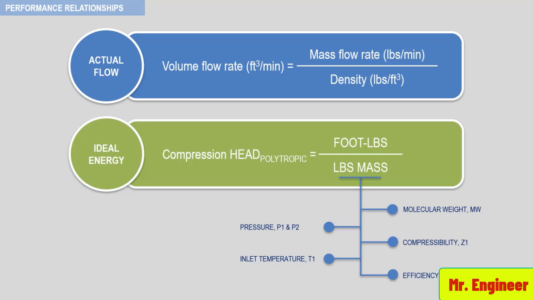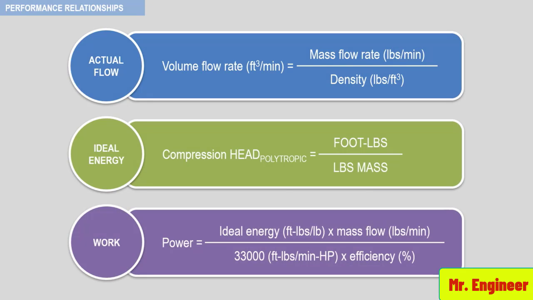And finally, the work can be calculated using this last equation. So here you can see the work or the power is equal to the ideal energy times the mass flow divided by 33,000 times the efficiency of the compression.